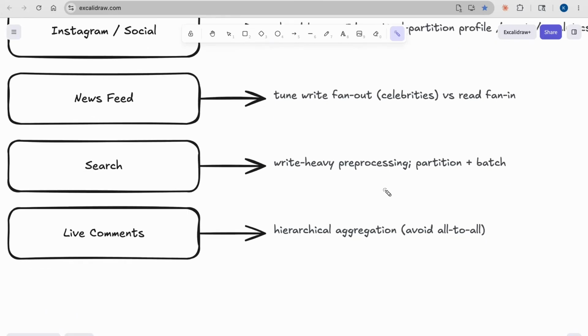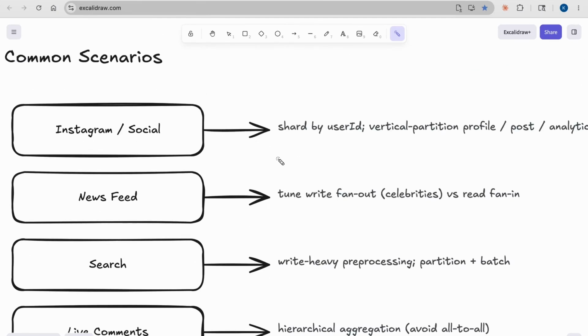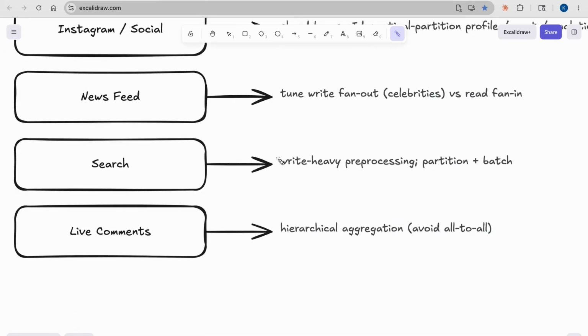For search, they use write-heavy pre-processing, partitioning, and batching. For live comments, which I just specified, hierarchical aggregation. So these are scenarios where one or two approaches from this pattern are adopted to tackle those write scenarios.